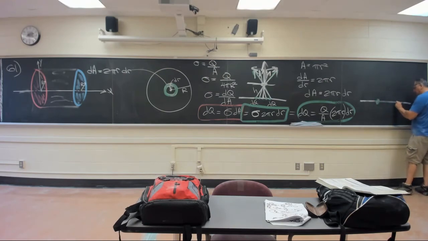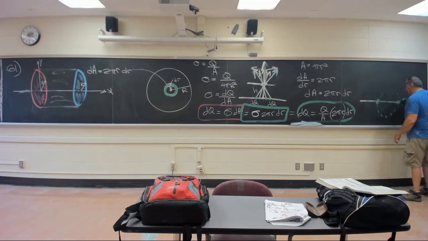Here's a cross section. That's a ring coming out at you, or a ring going in. Ring in, ring out. I think it's a bad idea to draw that, guys, but you know what I'm saying.